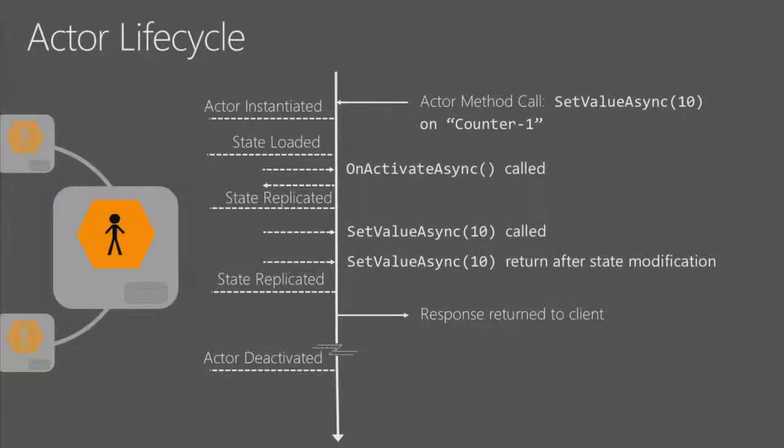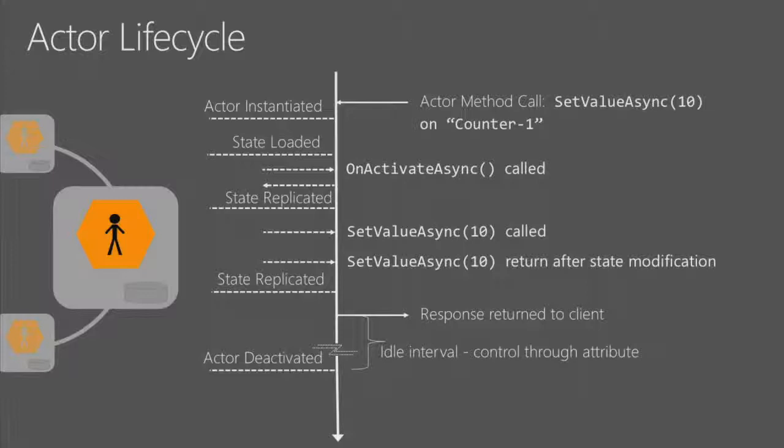At some point in time, there are no more method calls on this actor. So the system says, well, I'm going to deactivate the actor because it is taking up space in the memory. So it deactivates the actor. And that happens after an idle interval. And you can control this idle interval through an actor GC attribute on actors of any type.